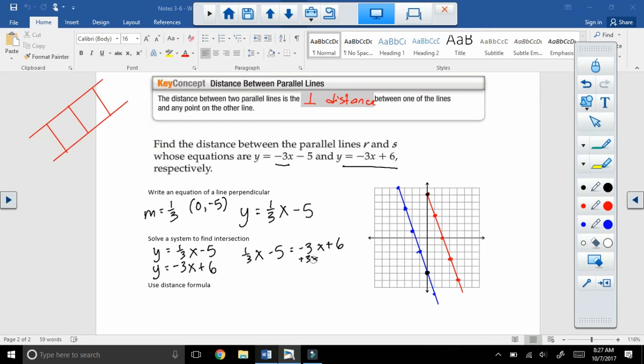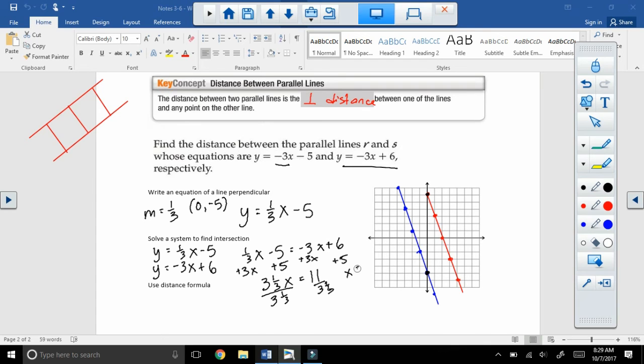And I'm going to add the 3x over and add 5. So this is going to be 3 1/3 x equals 11. This one doesn't work out quite as nicely when I'm doing this.